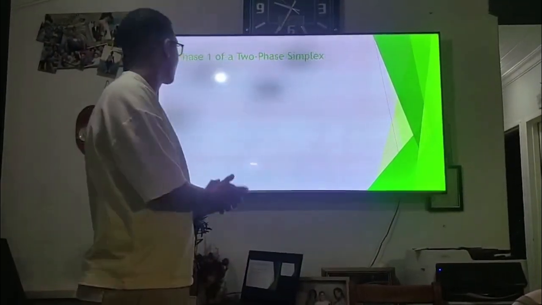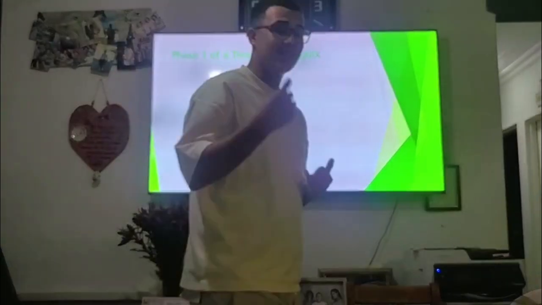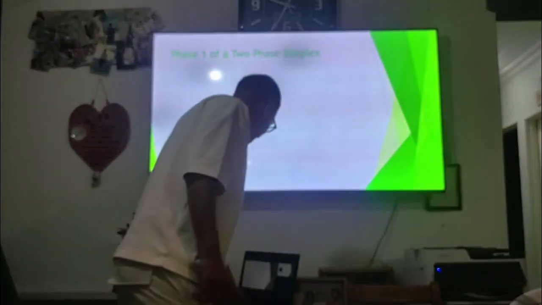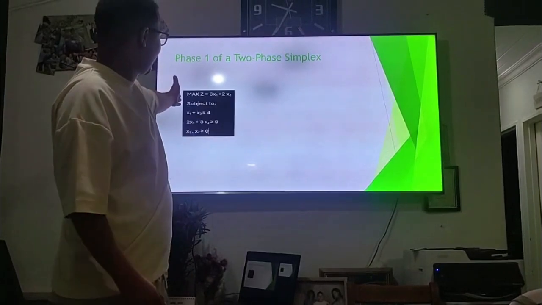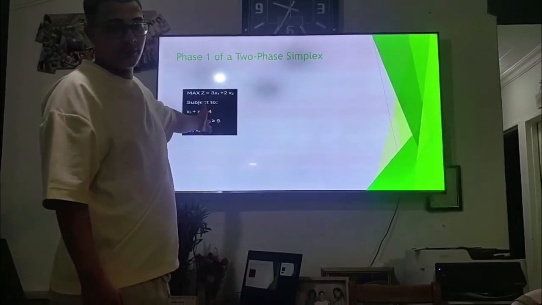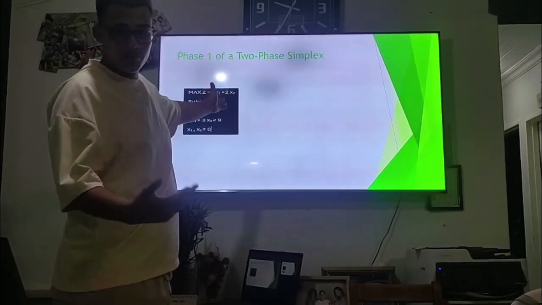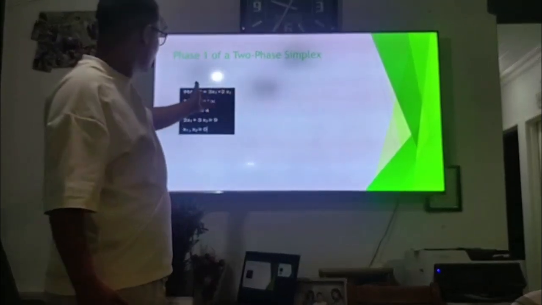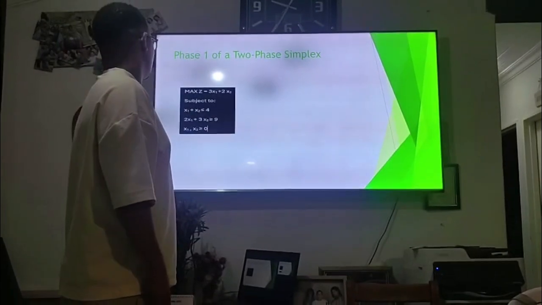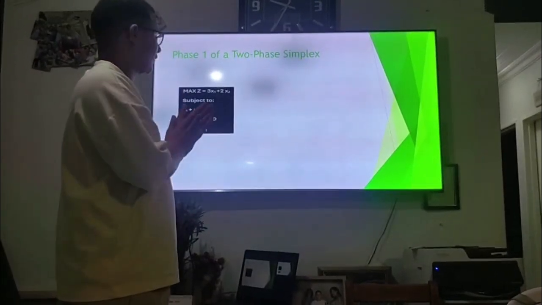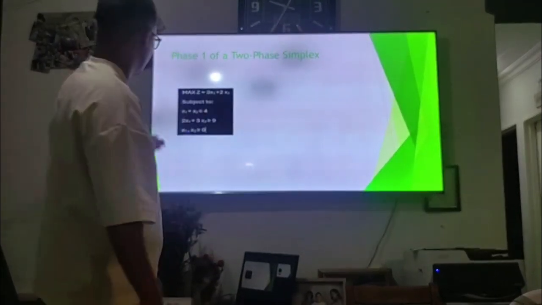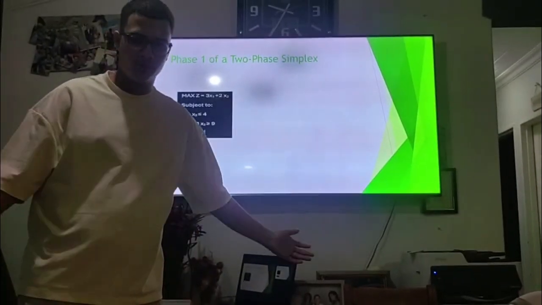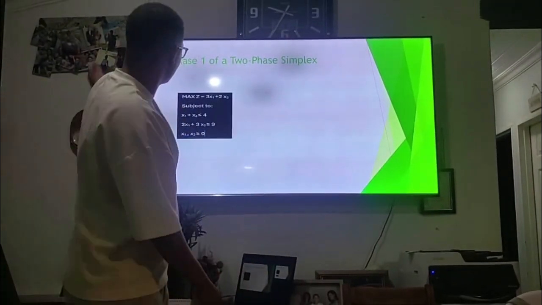Now I'll be explaining how phase one works. This will be our example. We first have our objective function, where we're trying to maximize something, let's say profits.